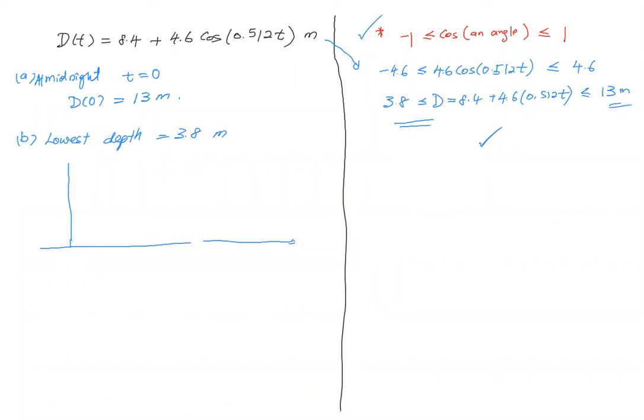I told you already, when you sketch cos or sin, you should know where the equilibrium is. The amplitude is 4.6, the highest is 13, the lowest is 3.8.